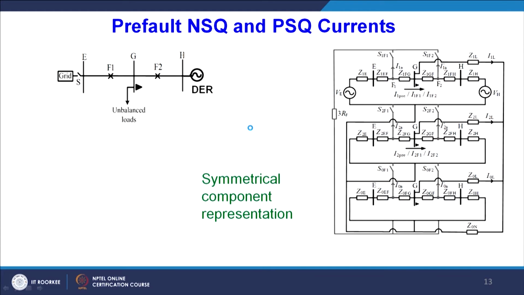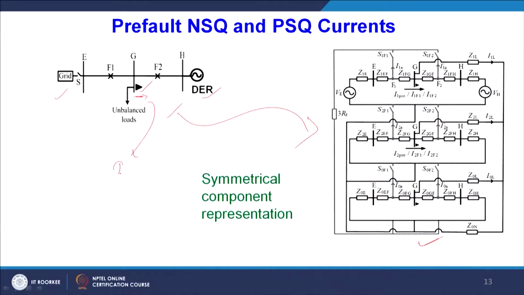After that, this particular system has been taken: F1, F2 are the fault positions, this is the directional relay, this is the DER, the distributed energy source, and this is the grid, and this is the corresponding sequence diagram. If any fault occurs at the F1 side or F2 side, or there is no fault, this particular figure is used to calculate the corresponding fault current or pre-fault current at the relay location at this point.